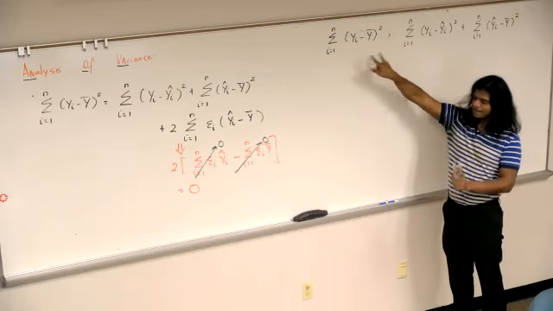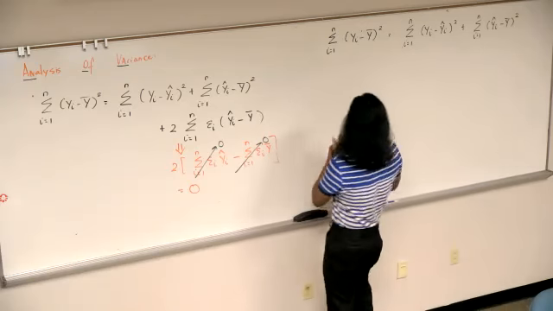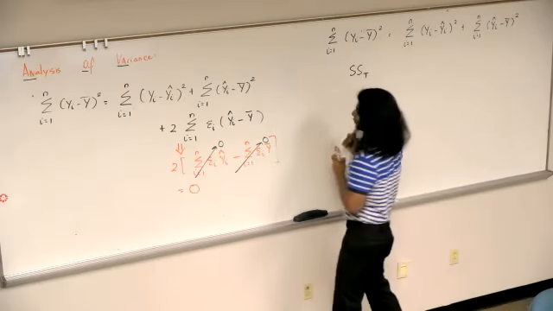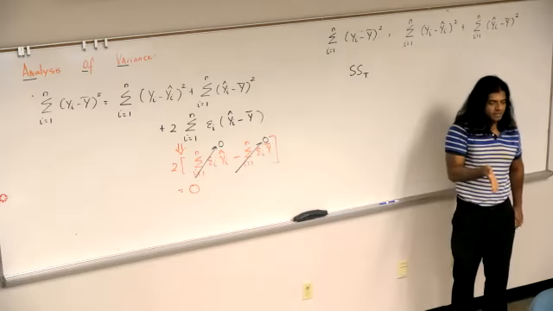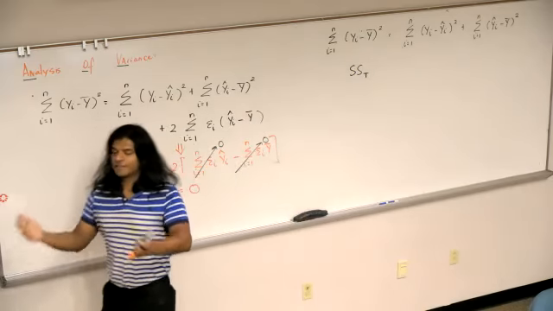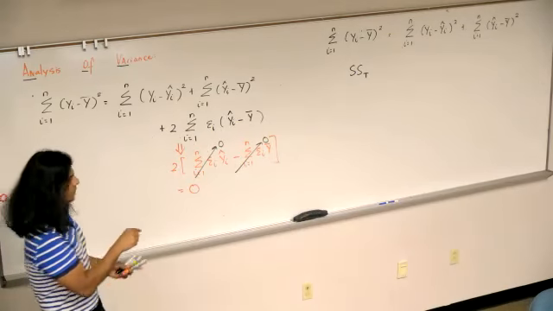So that is the total sum of squares. Why do we call it the total sum of squares? It is the total variability in y.